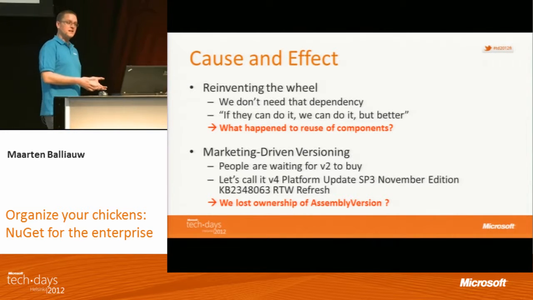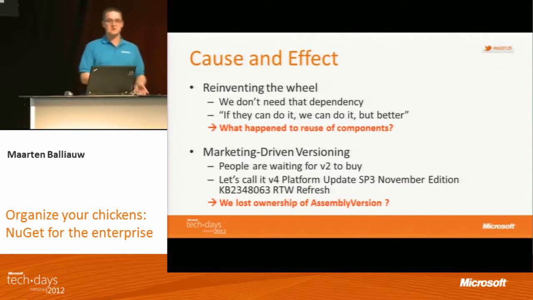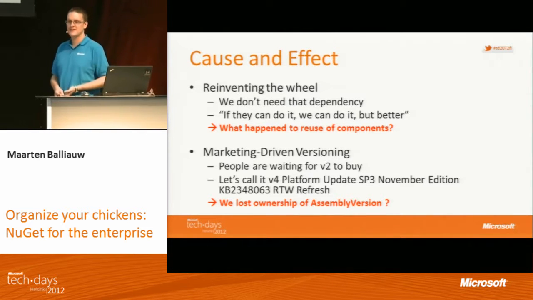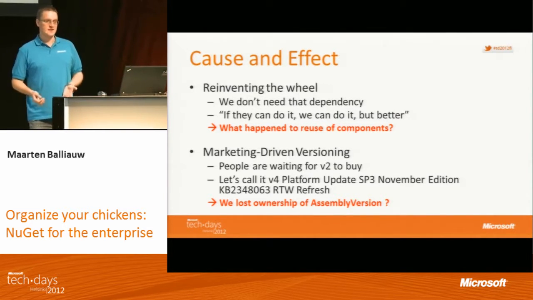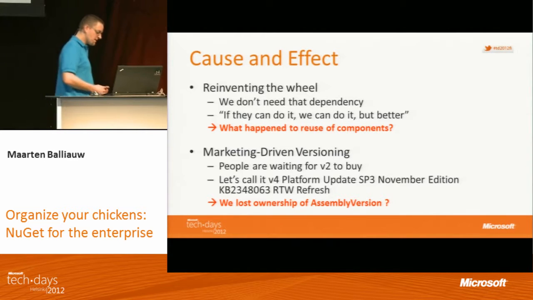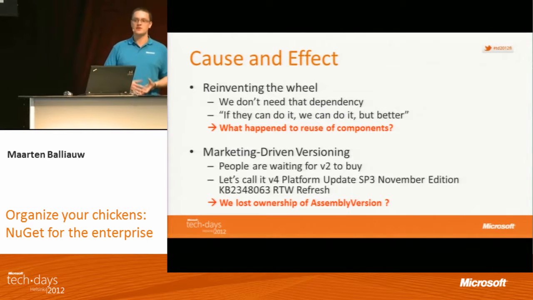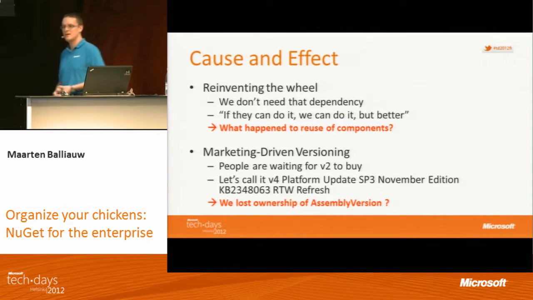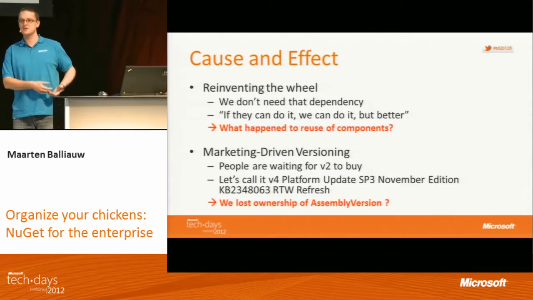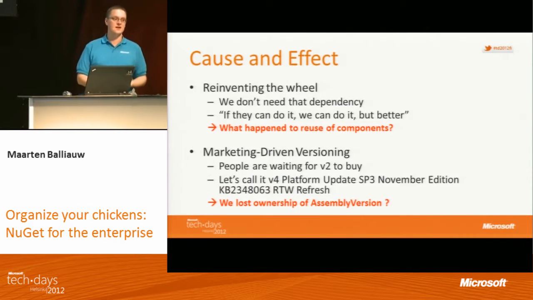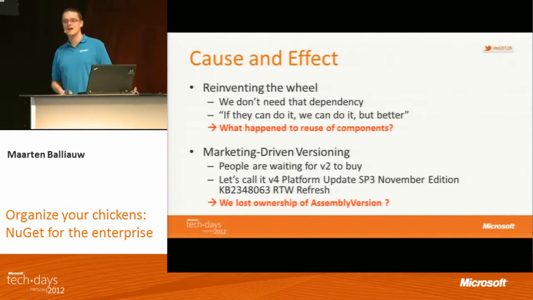One component might depend on the November release, the next one might depend on the December release, and ta-da, dependency hell. Why is that? Well, Microsoft typically tries to push out versions, and people think, okay, the version is okay from version 2 or version 3. So that's why they give these fancy names to their products, just to disguise the actual version number. But what happened to versioning? If you don't use versioning correctly, you will probably get into dependency hell as well.